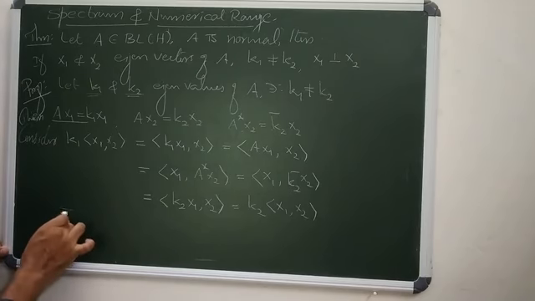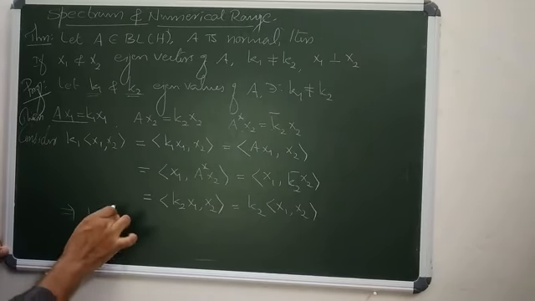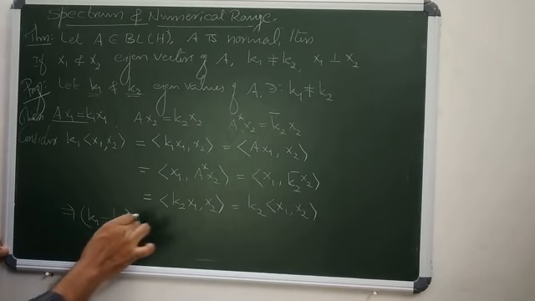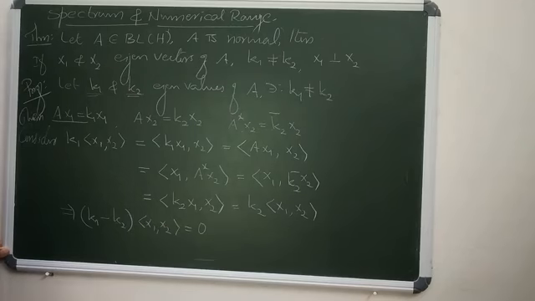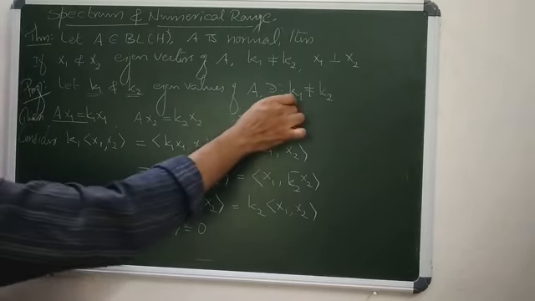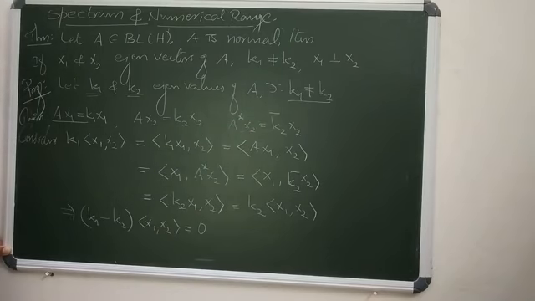This implies k1 minus k2 times the inner product x1 x2 equals 0. But we know k1 strictly differs from k2.